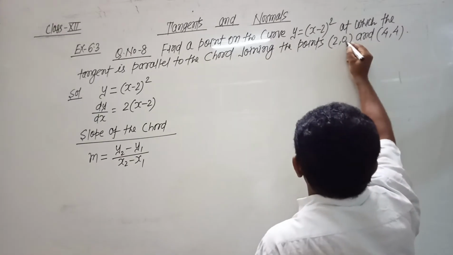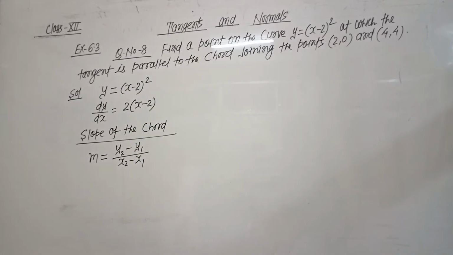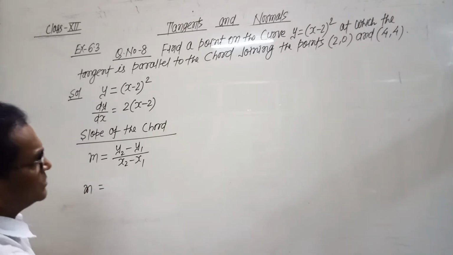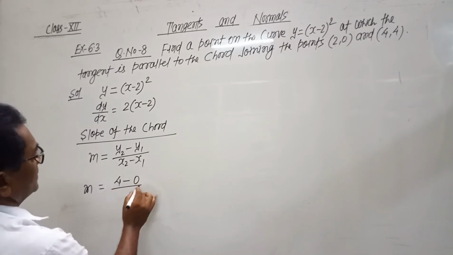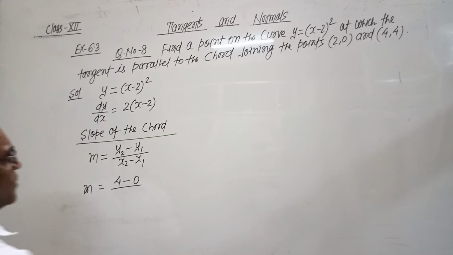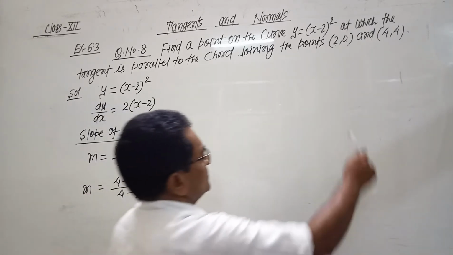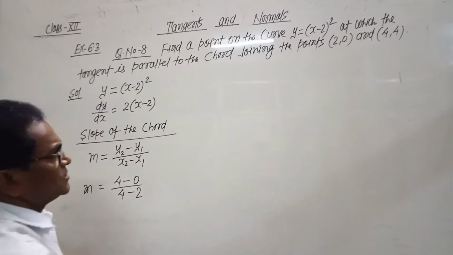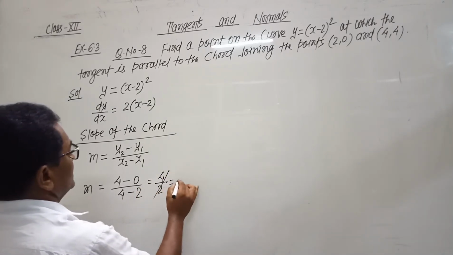We are given 2 points, (x1, y1) and (x2, y2). So y2 is 4 and y1 is 0, x2 is 4 and x1 is 2. So (y2 minus y1) upon (x2 minus x1) gives 4 upon 2, which is 2.